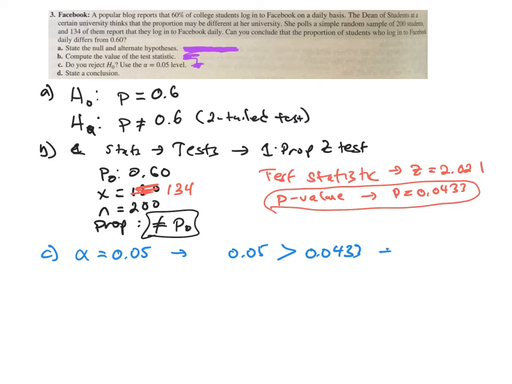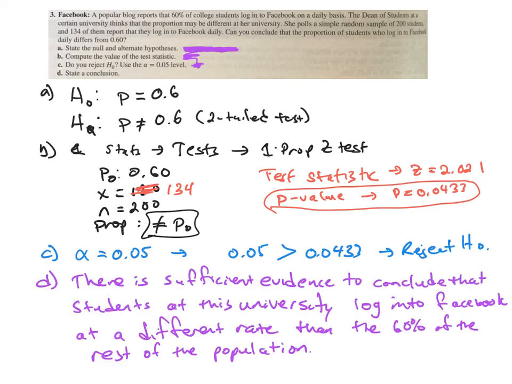If the p-value is less than alpha, we reject the null hypothesis. So we have rejected the null hypothesis. So this study is statistically significant, and the conclusion comes down to that there is sufficient evidence to conclude that students at this university log into Facebook at a different rate than the 60% of the rest of the population.